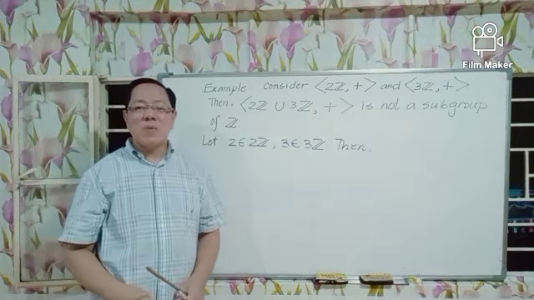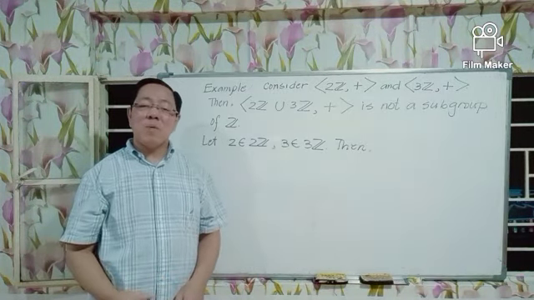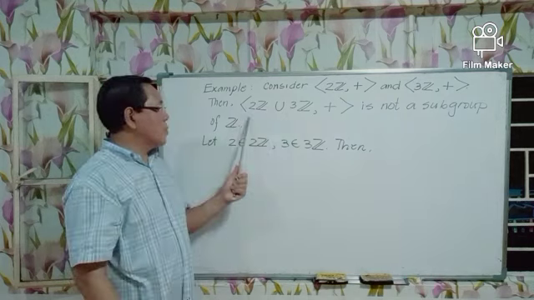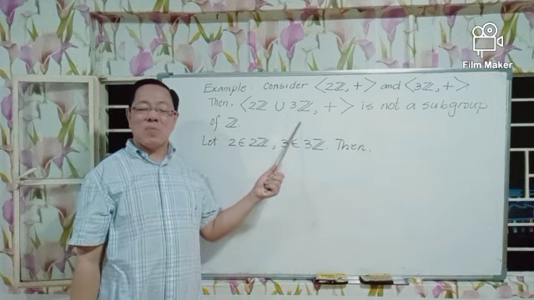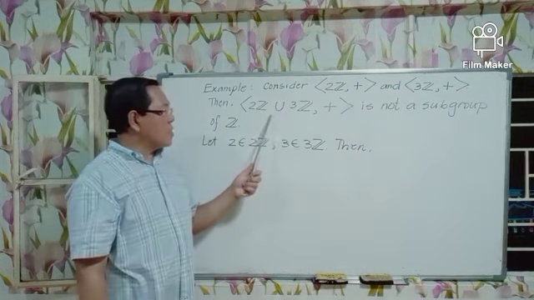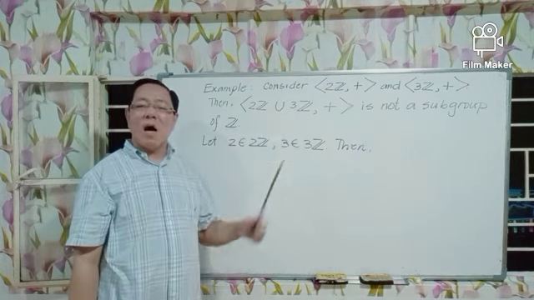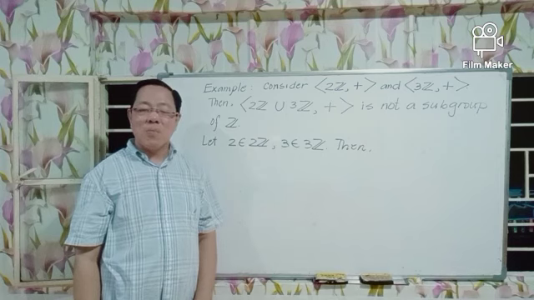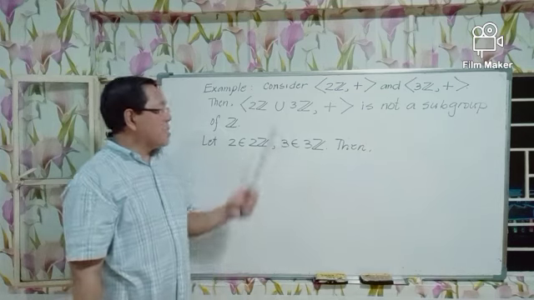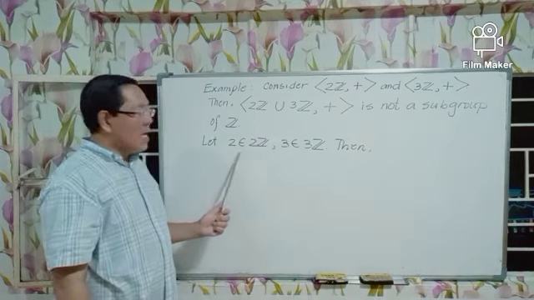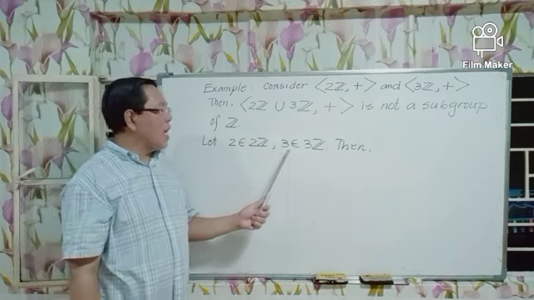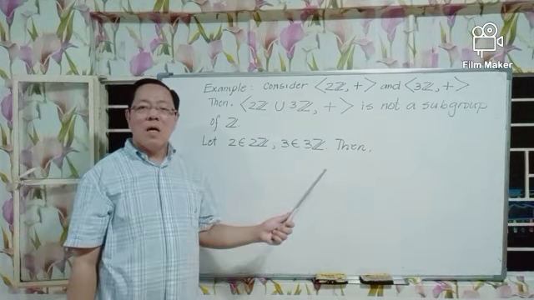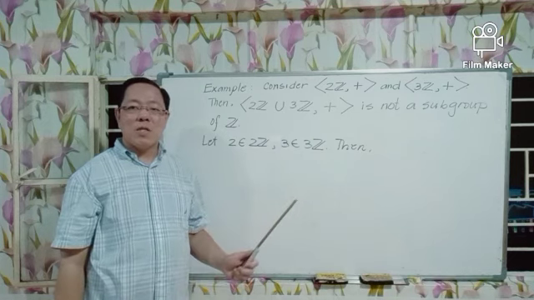The elements of 2Z are those integers that are exactly divisible by 2. And the elements of 3Z are those integers that are exactly divisible by 3. And so the elements of the union of 2Z and 3Z are integers that are either divisible by 3 or divisible by 2. Now if we take 2, the element of 2Z, and 3, the element of 3Z, let us add these two integers.